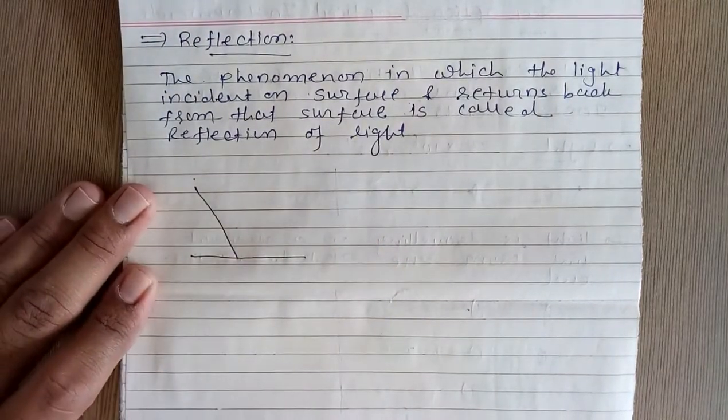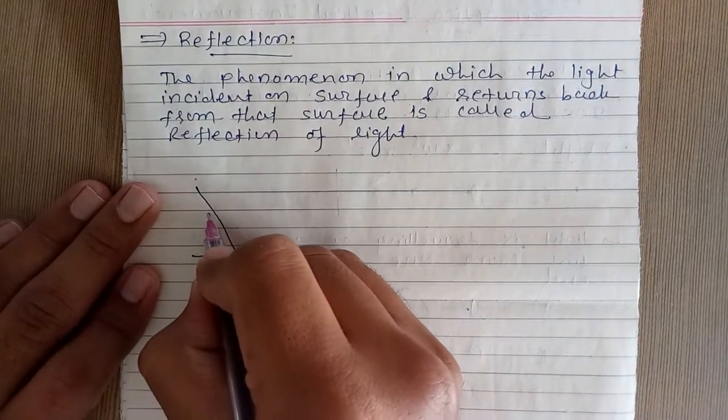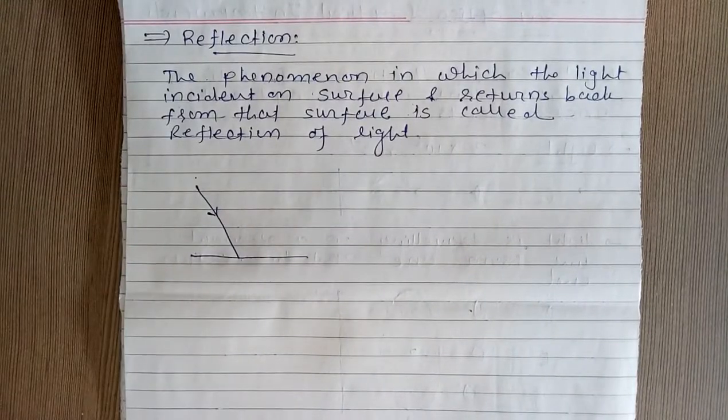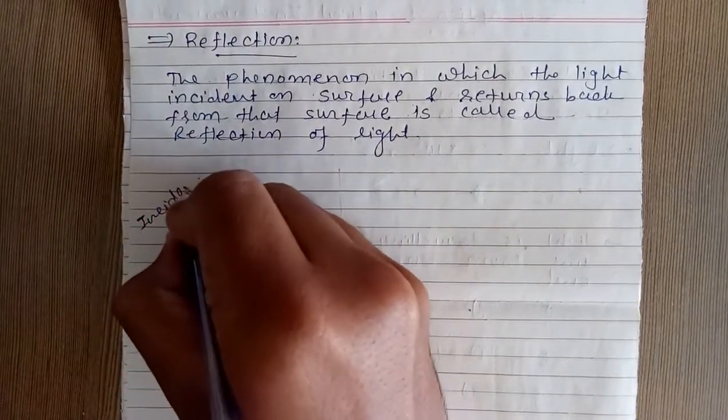Now the ray incident on this surface is known as the incident ray. So we can write here, this is the incident ray.